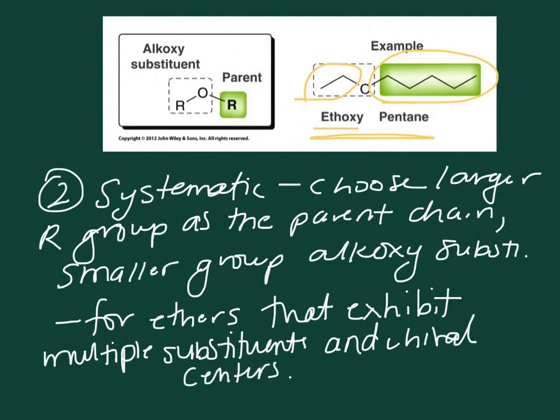So the idea is if you have a simple ether, you can use the common nomenclature, but if you have a more complicated ether, you use the systematic nomenclature.